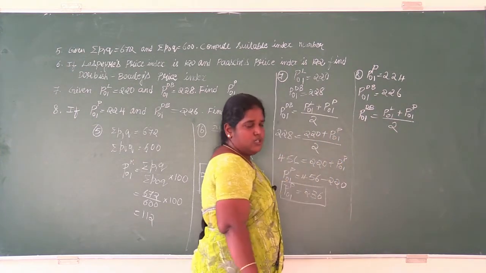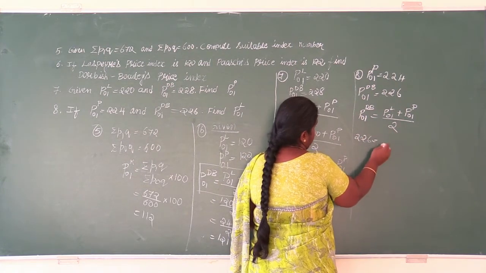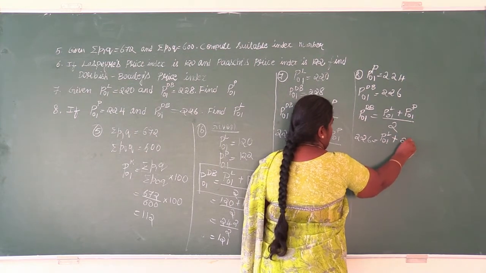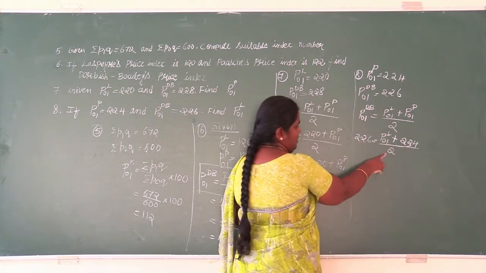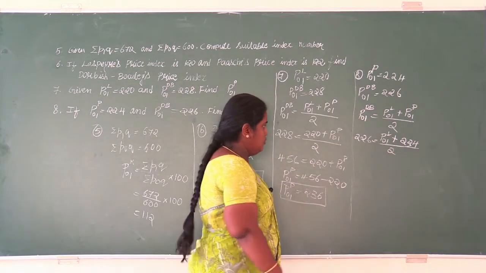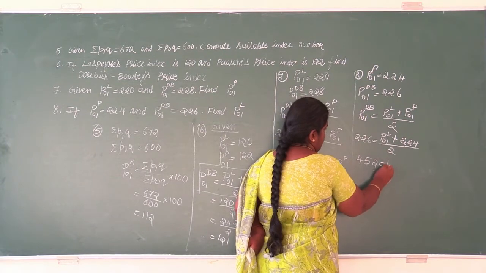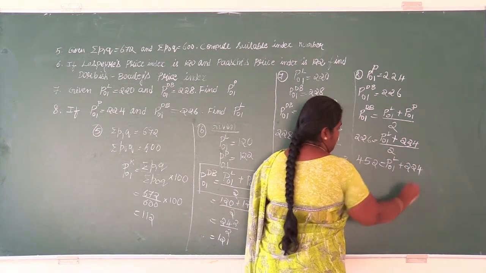Substitute in the formula, we'll get 226 equals P01L as it is plus 224 divided by 2. Now cross multiply this 226 and 2, we'll get 452 equals P01L plus 224.